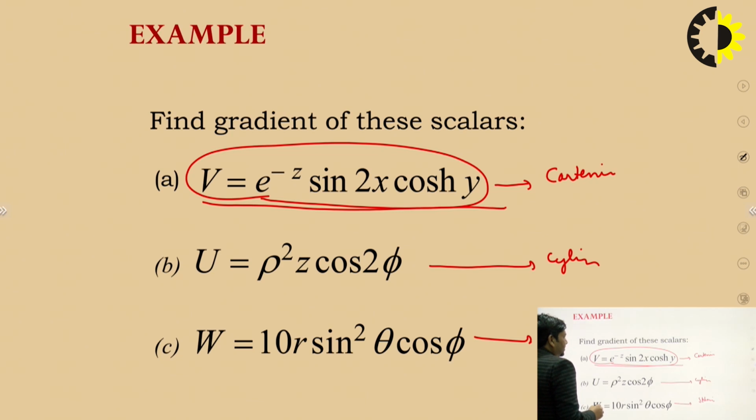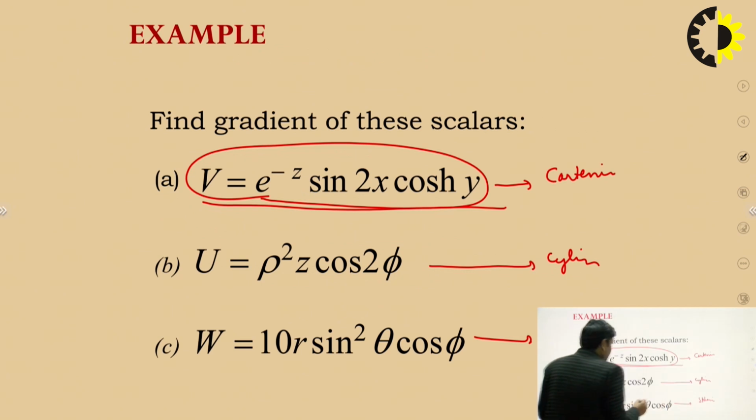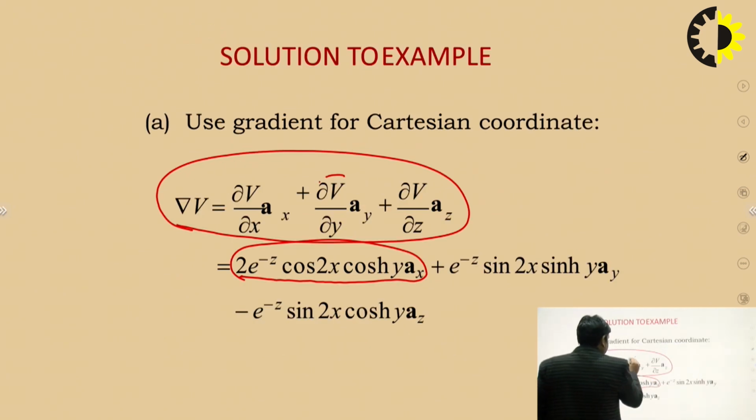If we differentiate this, the value is 2 e raised to power minus z cos 2x cos hyperbolic y in the direction of ax, because in the del v over del x case, y and z are constant and we just differentiate the scalar field v with respect to x. The next term is del v over del y.